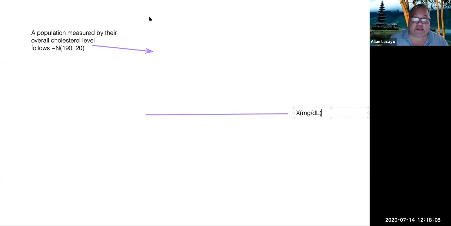It follows a model that we're going to call normal, with an average of 190, give or take 20. So how do I actually draw this model? The way I do that is I build a scale here. And in this scale, X is the level of cholesterol, which is usually measured in milligrams per deciliter of blood. And then I'm going to draw a bell curve.